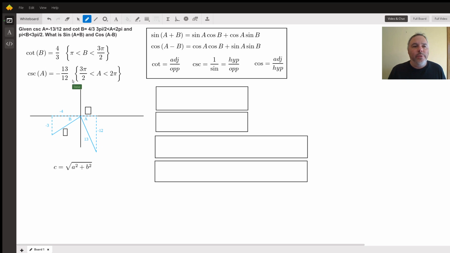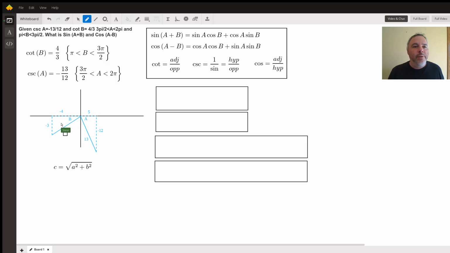So when we have the negative 12/13 for sine, what we need to do is make sure we put the signs in the right spot. So I can use the Pythagorean theorem right here and solve for this side. So C in this case would be 13, and then the opposite would be negative 12. So I could solve for this adjacent side, and that comes out to be 5.